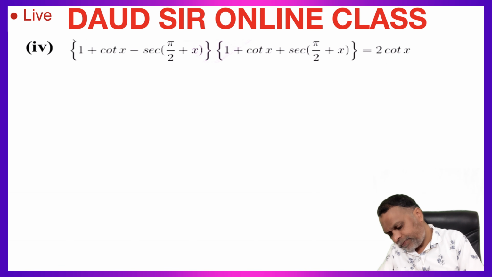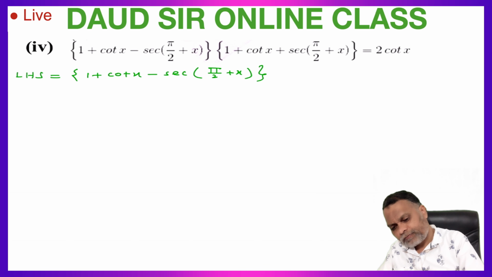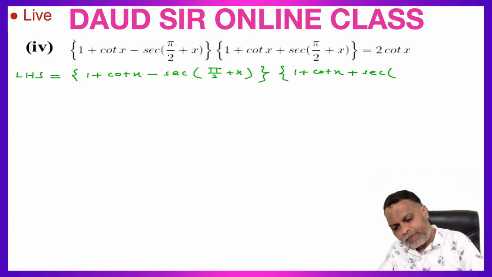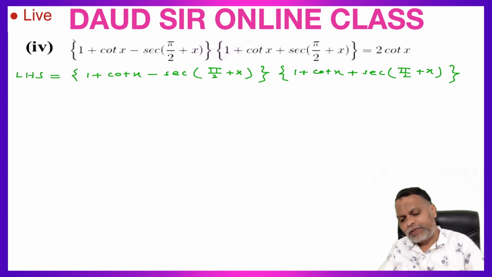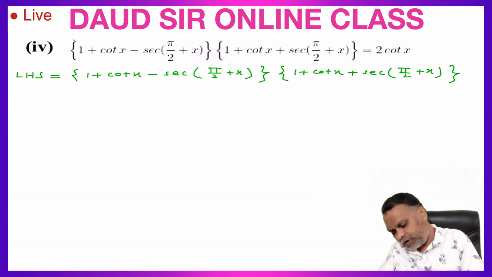Taking left hand side, LHS is equal to (1 plus cot x minus sec(pi by 2 plus x)) into (1 plus cot x plus sec(pi by 2 plus x)). We have to prove it equal to 2 cot x.